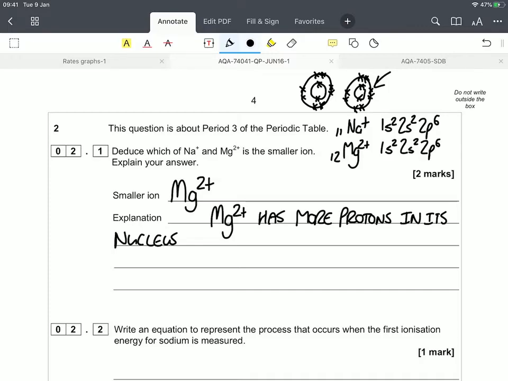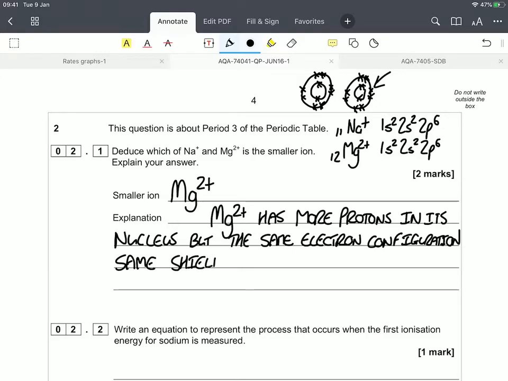Mg2+ has more protons in its nucleus, but the same electron configuration is probably what I'd lead with. And then just to be sort of belt and braces to make sure that I'm covering everything, I'd probably also mention same shielding. There isn't any sort of difference in terms of the shielding. There are no sort of extra inner shells or anything like that.